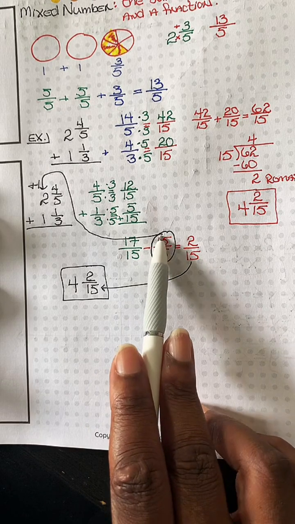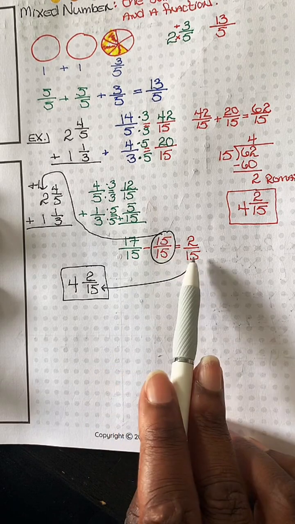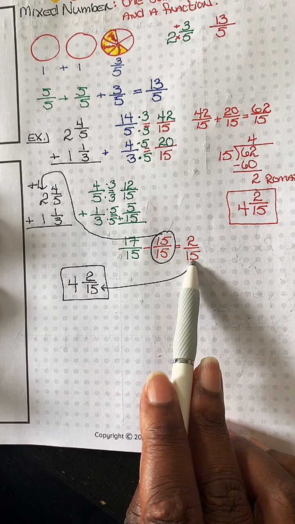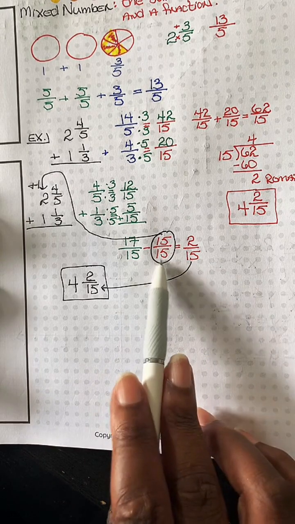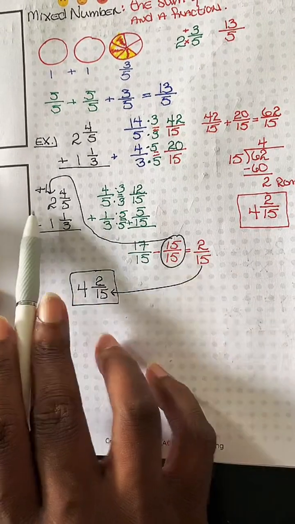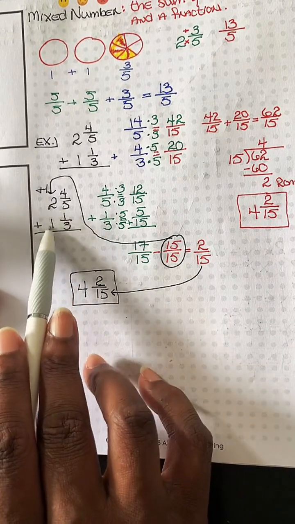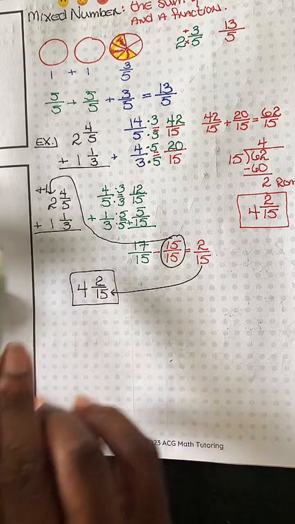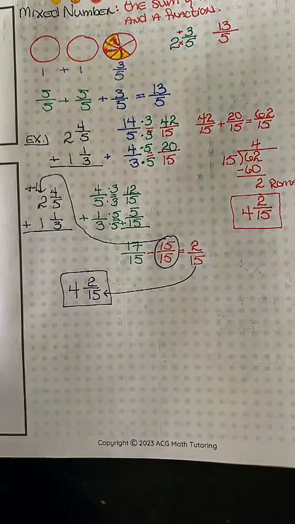So if I pull the 15 out of 15 out, the 2/15 remained, right? I think we got that part. But the whole number that we pulled out, we had to add to the other 2 whole numbers. So that's where that 1 came from.